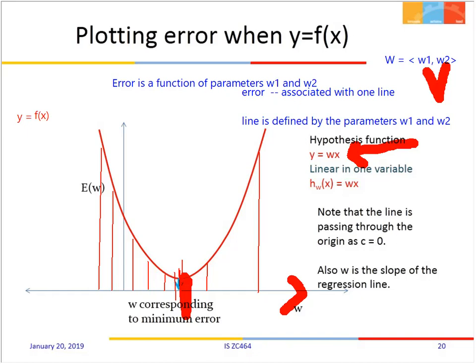Similarly, if I write that E is a function of W, let me represent it as something like Z. Then what does it mean? Whenever W changes, the value of Z changes, and Z is nothing but the error. So W is the slope. Whenever the slope changes, the error changes, right? So E(W) is clear, okay?